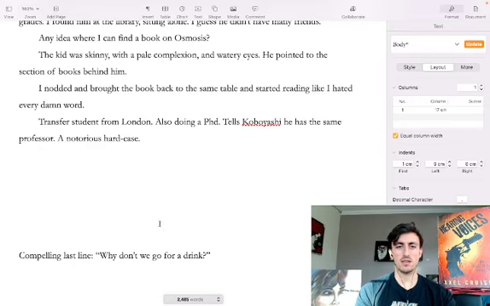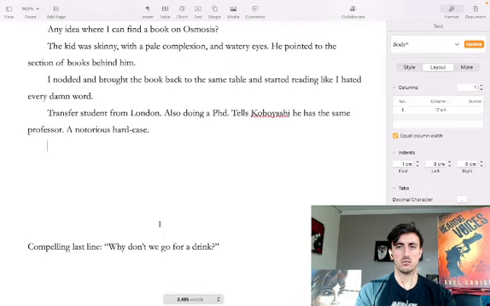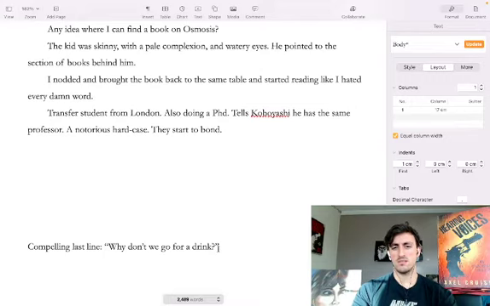It's that kind of thing. Tells Kobayashi he has the same professor, a notorious hard case, and therefore they start to bond. And then by the end, our guy's saying, why don't we go for a... Okay, so instead of that, because that sounds like he's asking him out on a date.